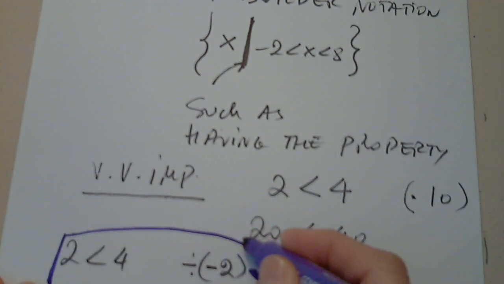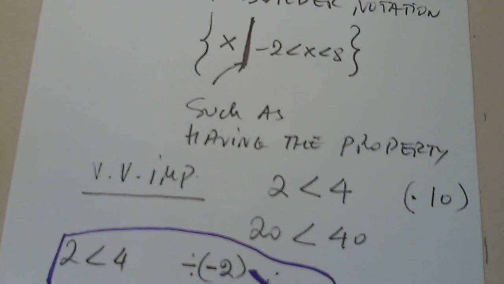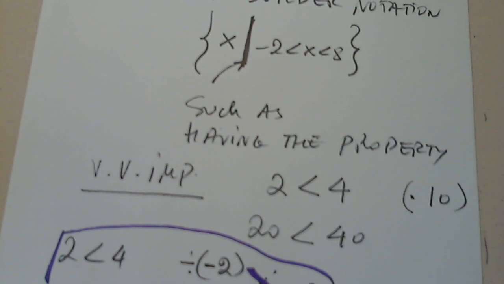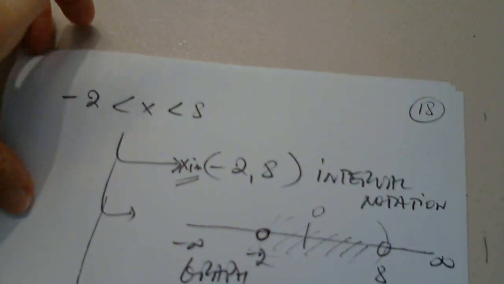Every time we multiply or divide both sides of an inequality by a negative number, not by a positive, but by a negative number, we must switch the inequality symbol from whatever it was before to the opposite. If it's less than or equal to, I get greater than or equal to. If it's greater than, then I'll have less than. Exact opposite. So this is a very important rule.